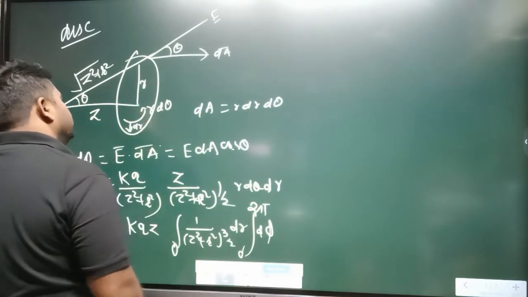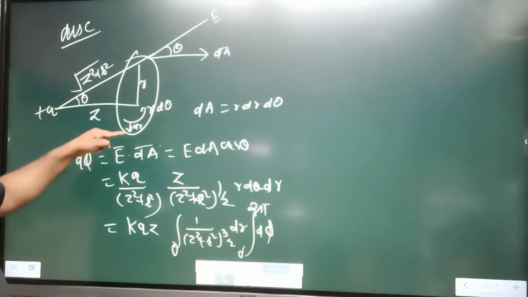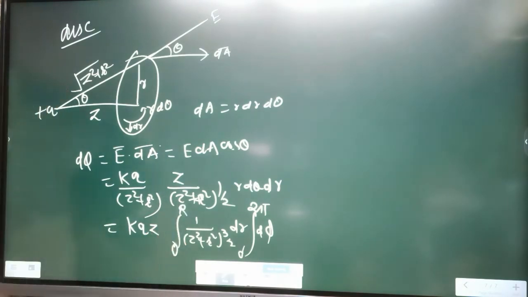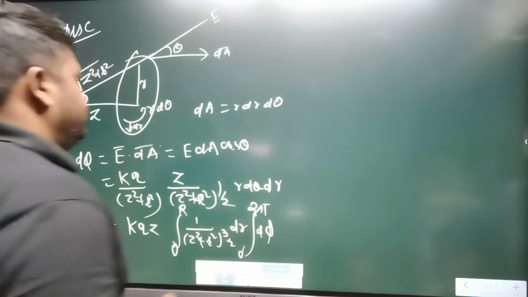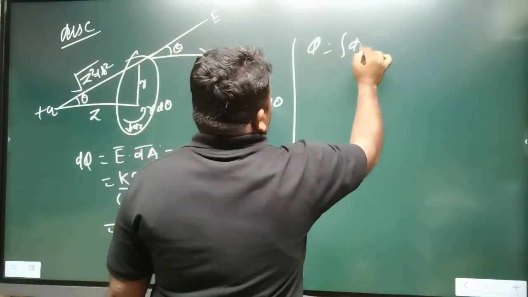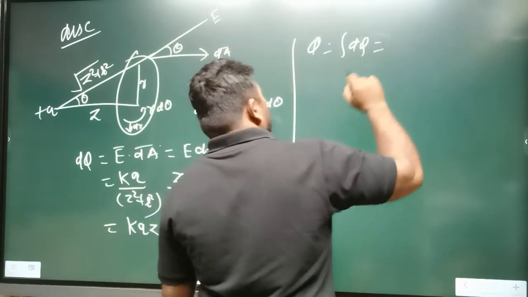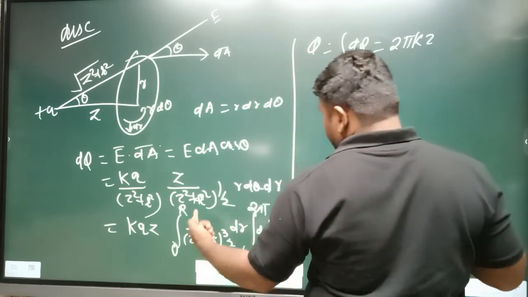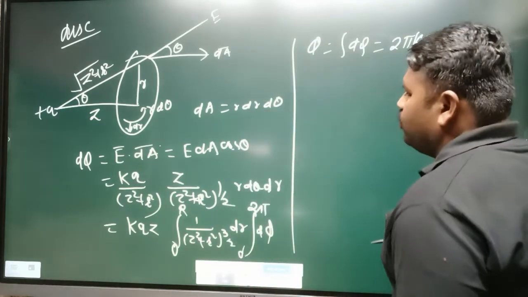At the center the R value is 0, at the end the R value is capital R. Second integration value, first integration value. So 2 pi kz times 1 upon (Z square plus R square) bracket to the power 3 by 2.